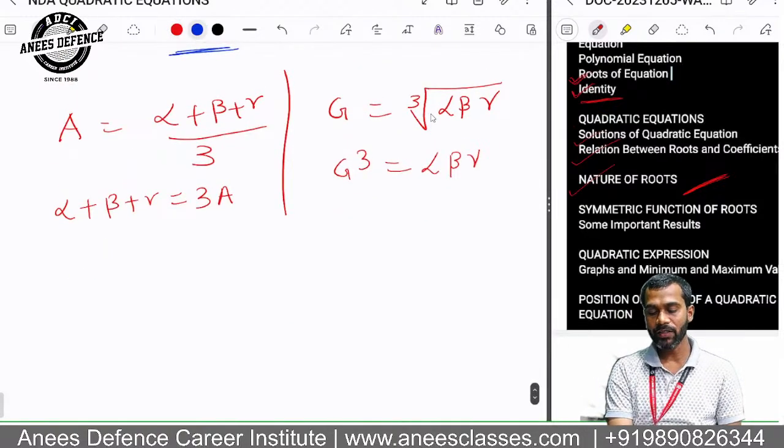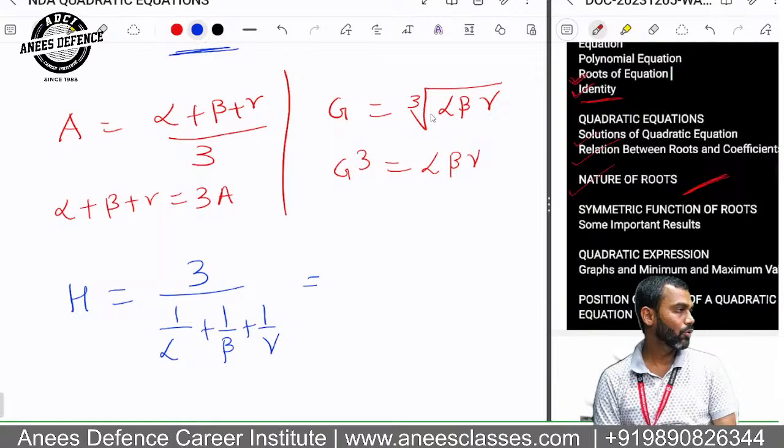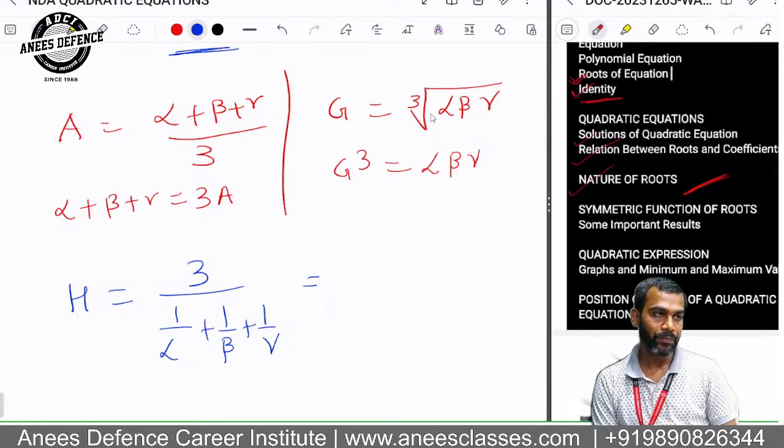Yes. Tell me, what is HM? 3 by 1 by alpha plus 1 by beta plus 1 by gamma. Do you know what is HM? N over the sum of reciprocals of all the observations. Yes or no? Reciprocal of the mean of reciprocals. First we have to find the reciprocals, then the mean, and then again the reciprocal. Now tell me.